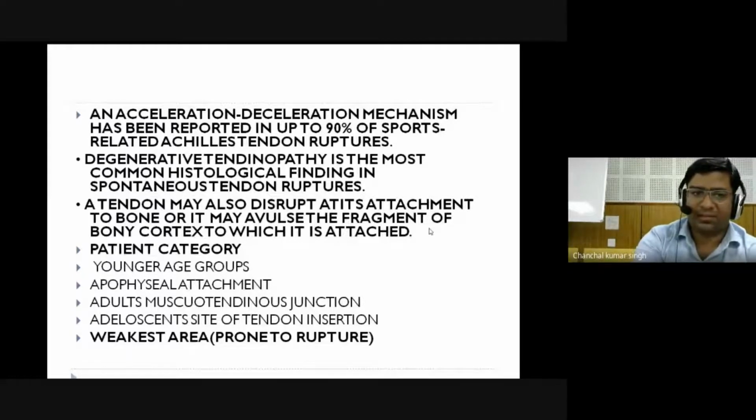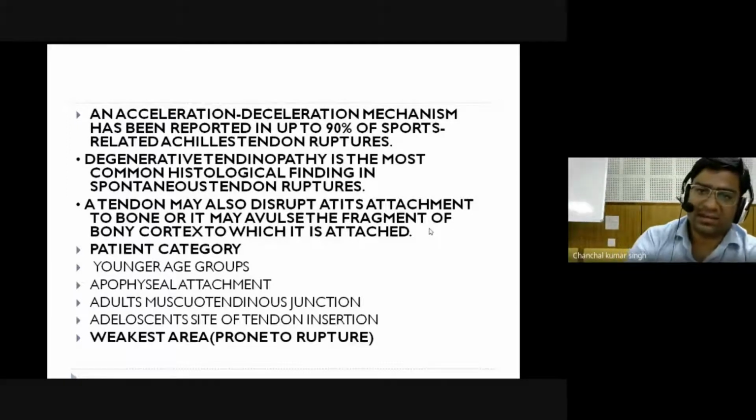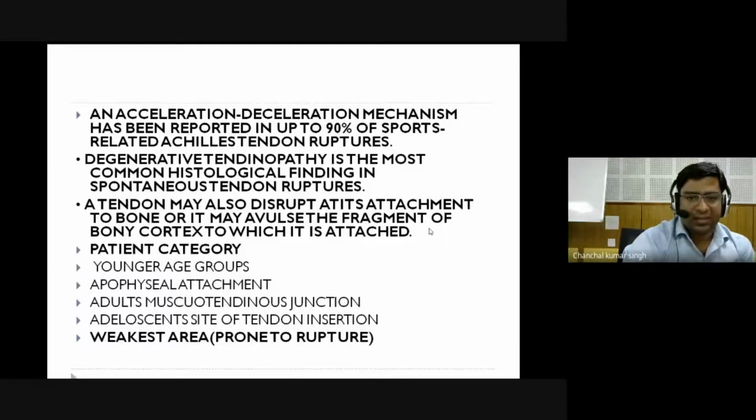Physically, the kind of force involved is sudden acceleration or sudden deceleration. In most contact sports, such as rugby, basketball, and football, where you need to accelerate or decelerate suddenly, 90% of the cases are related to ruptures, specifically Achilles rupture, where your foot is planted strongly on the ground and then with sudden acceleration you need to plantarflex the foot.